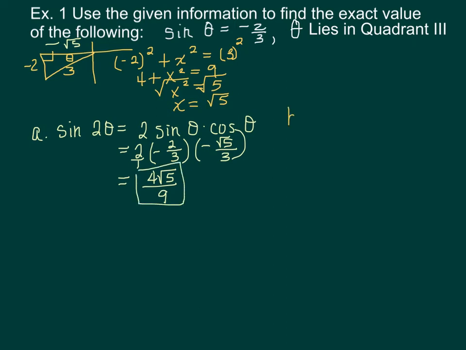Okay, now let's find cosine, or the double angle for cosine, which is cosine squared of theta minus sine squared theta. So I'm going to plug in cosine.